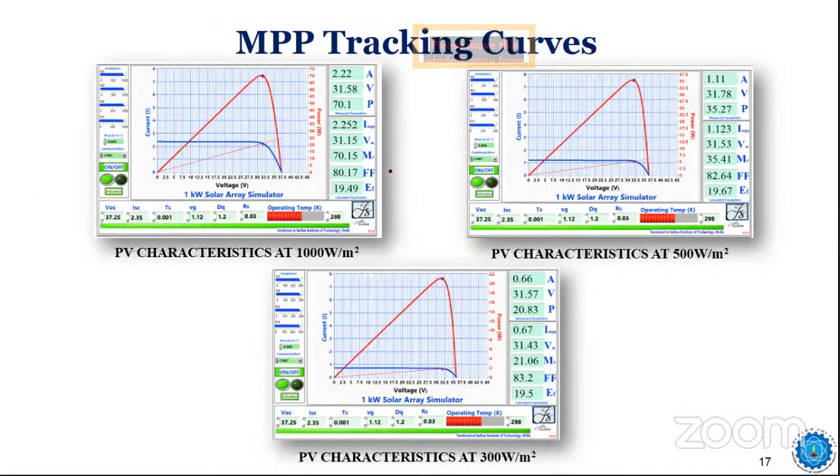You can see the measured power, or the calculated power, from the photovoltaic panel when you connect to the load, when the solar simulator is not switched on. At that time, it is calculated as 70.15 watt. And when your MPPT technique is enabled, MPPT control is working, at that time only these three parameters will show.